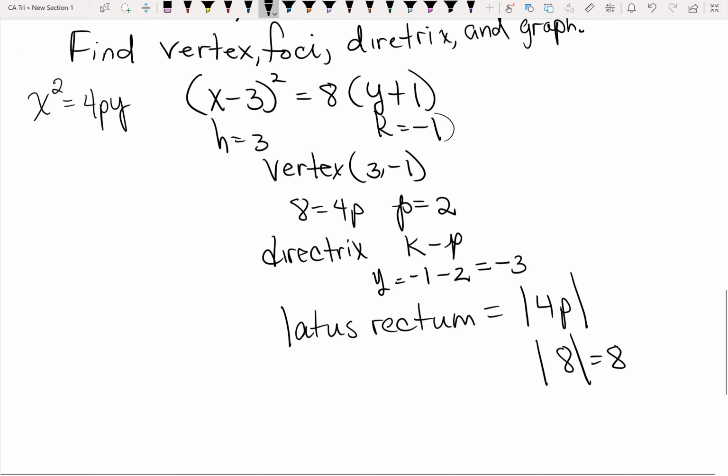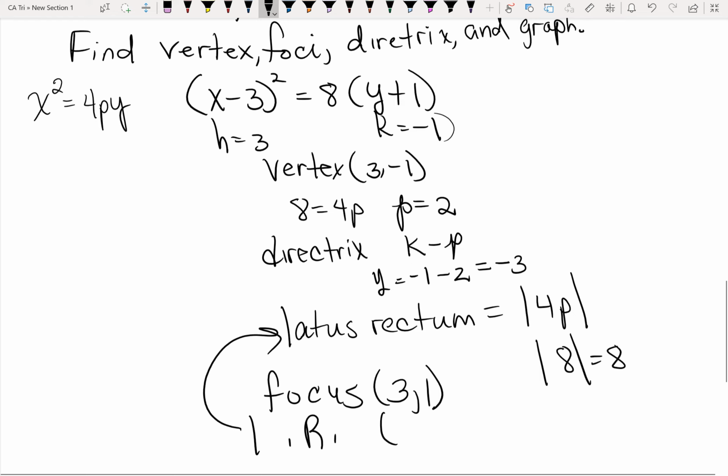So once again, we know the focus. 4 units to the right of the focus is the point (7, 1). The endpoints of the latus rectum, I'm just going to put LR for latus rectum, are (-1, 1) and the other endpoint has to be (7, 1).